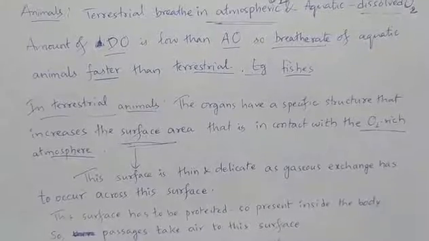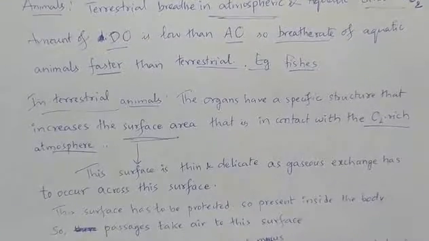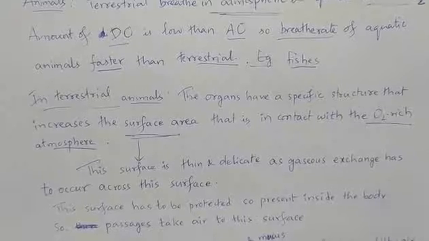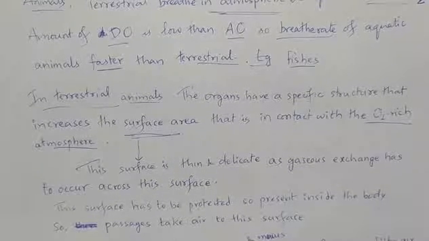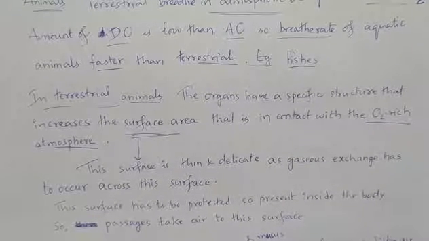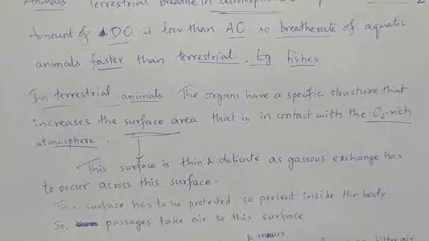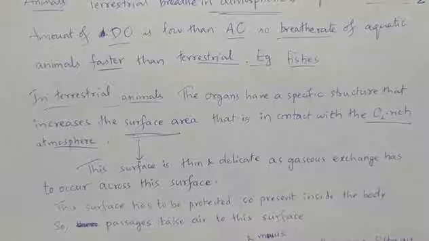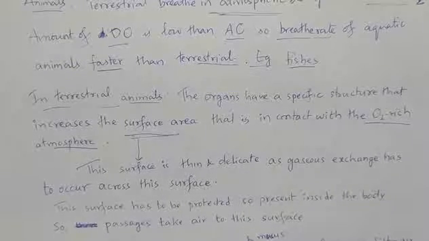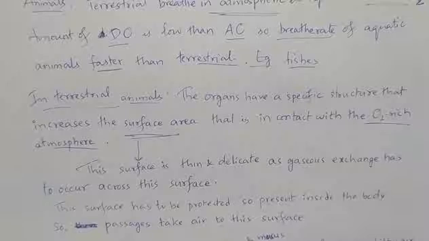So the breath rate of aquatic animals is much faster than terrestrial animals. Example, fishes. We can observe how the fish keeps opening its mouth so frequently. Accordingly, the gills also are opened, right?